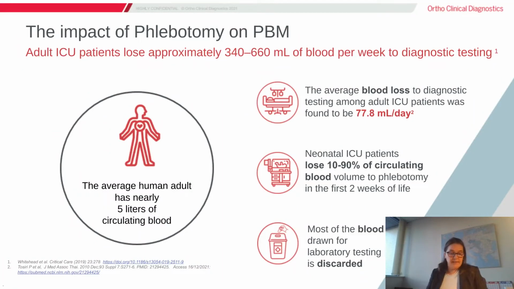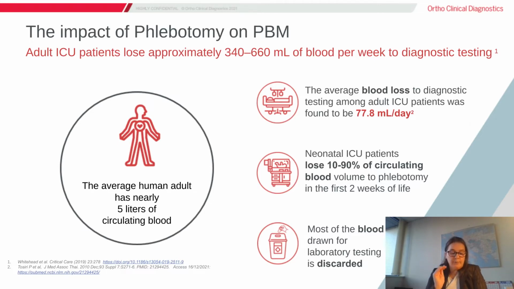So let's have a closer look now at the impact of phlebotomy on patient blood management. Well, the amount of blood circulating within an individual depends on the body structure as well as the weight, but an average human adult has nearly 5 liters of circulating blood.